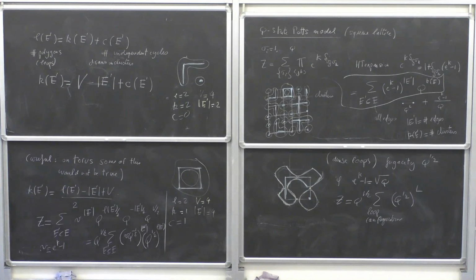So if we choose the Potts model at this particular value of the coupling, it turns out that we get exactly a nice example of a loop ensemble.